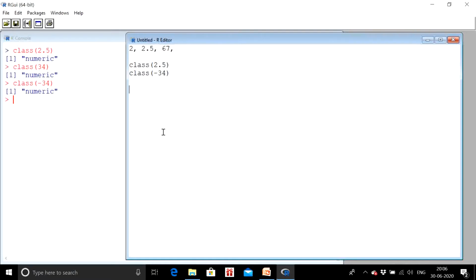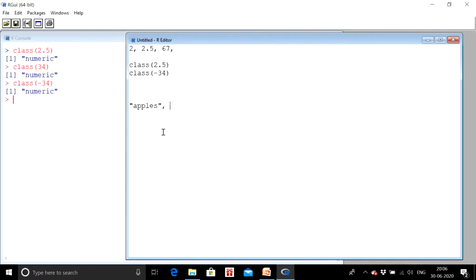Now let us come to characters. R has a very significant way of determining how a character should be. It is also the same norm in Python. Any character should be within double quotations. It has to be within double quotations.